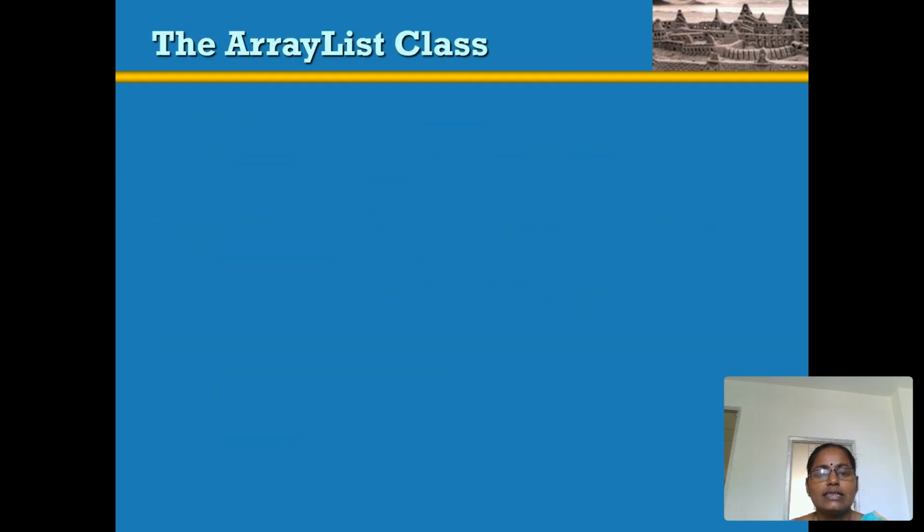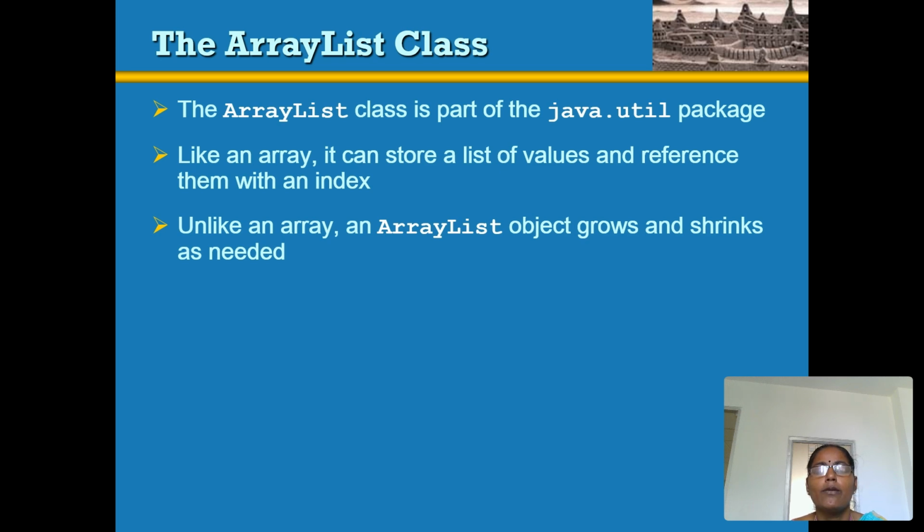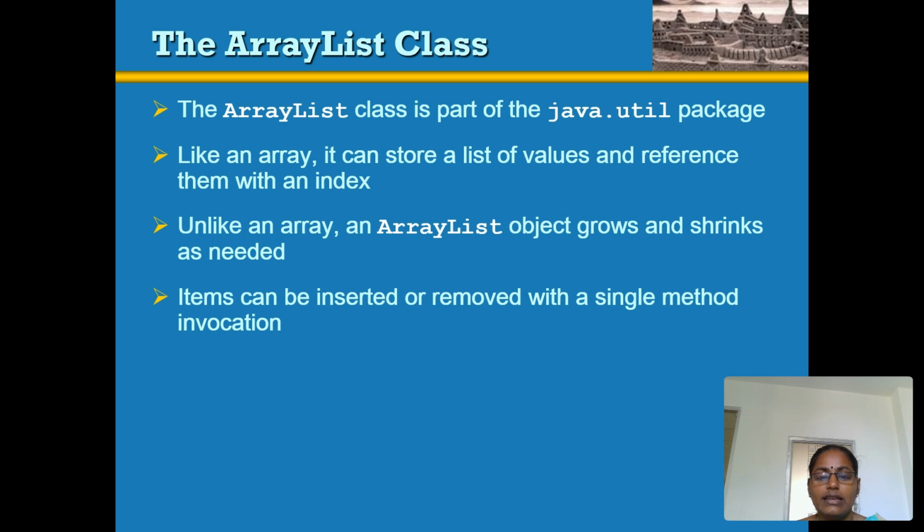Next we see the ArrayList class, which is a very important topic in arrays. The ArrayList class is included in the java.util package, and it collects objects and stores and fetches them like an array. It can store a list of values and references with an index.